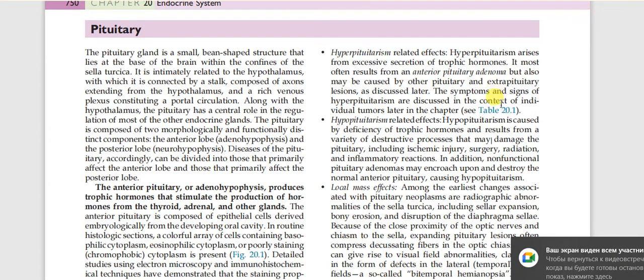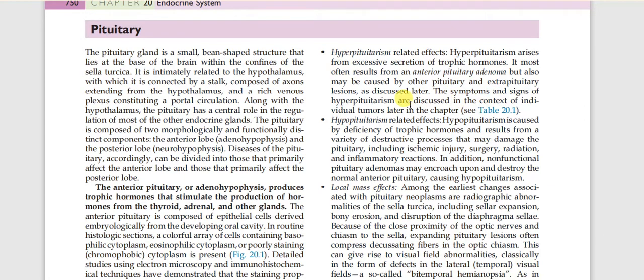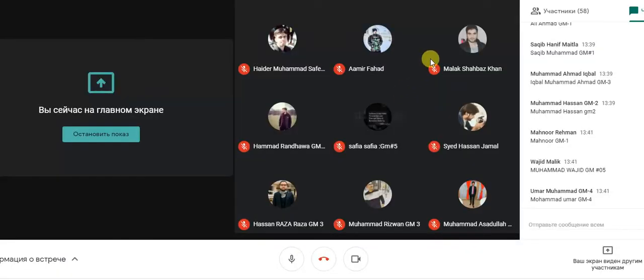Symptoms and signs of hyperpituitarism, we will continue discussion of this, but mainly, imagine one trophic hormone is overproduced. What is the reflex to this? Of course, oversecretion of the other hormones which it is responsible for. For example, ACTH, adrenocorticotropic hormone, overproduction leads to formation of more cortisol and hydrocortisone.